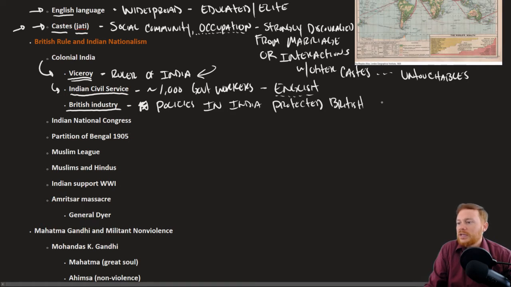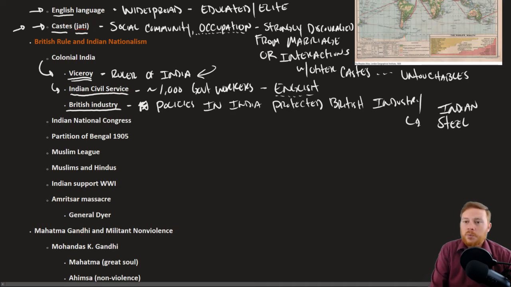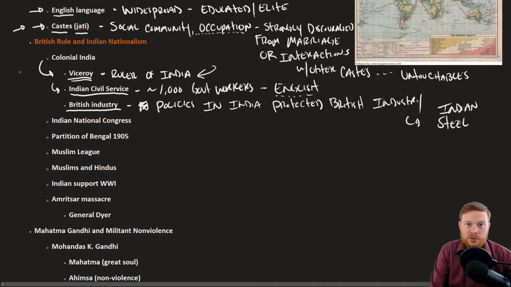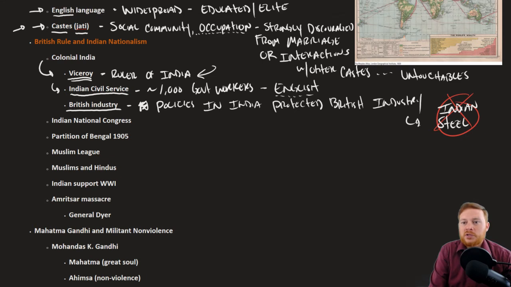One example of that would be not allowing, something like steel, Indian steel. Great Britain wanted to maintain an economic advantage when it came to the production of steel. So any effort by people in India to create their own steel and not buy it from the British was actively discouraged. That would have been a way that the British protected their economic interests and really guarded their own businesses.